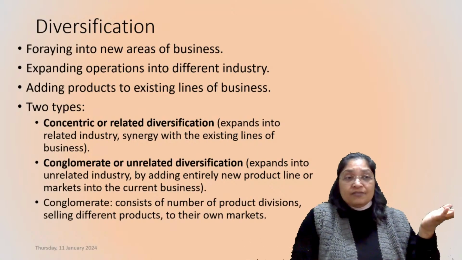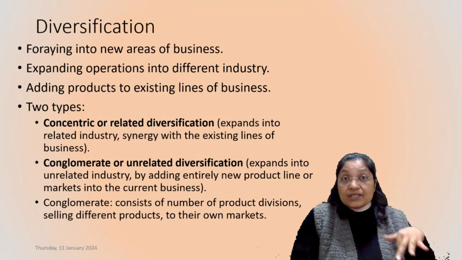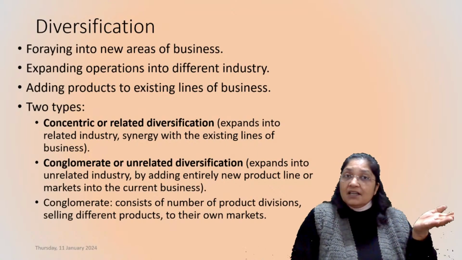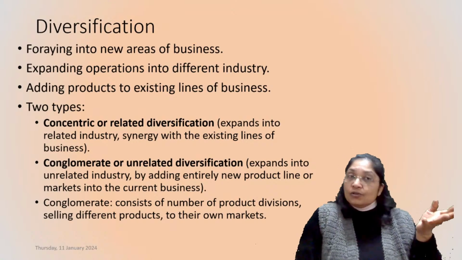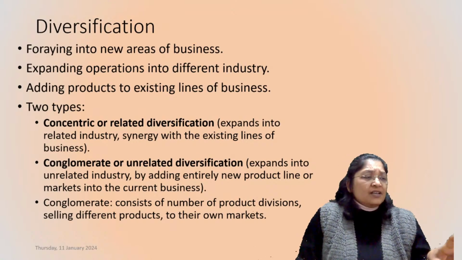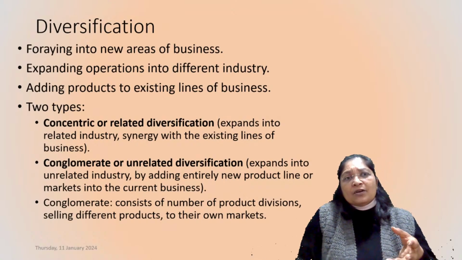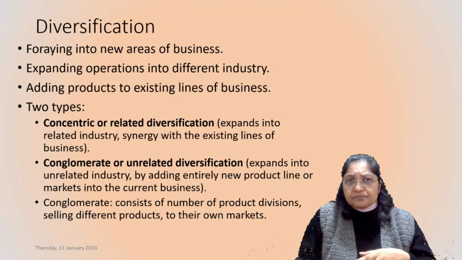So that is diversification, that is expanding operations into different industries. Although it is the two-wheeler industry, like the example I gave you, the scooter manufacturing industry and the motorcycle manufacturing industry are different.